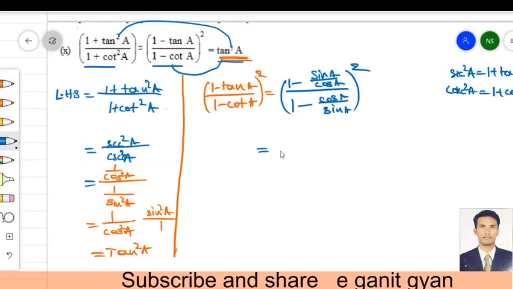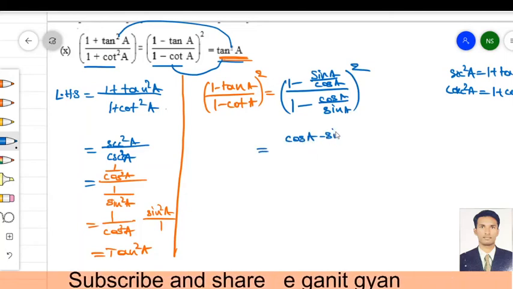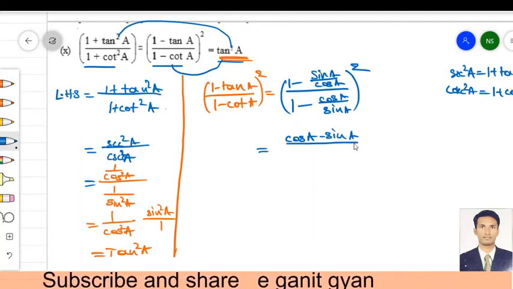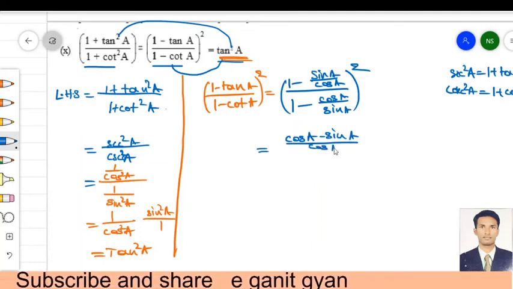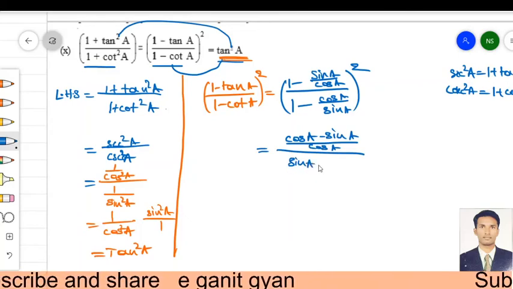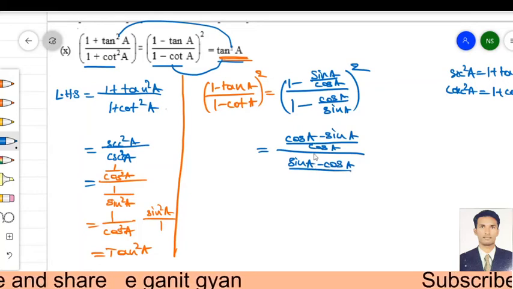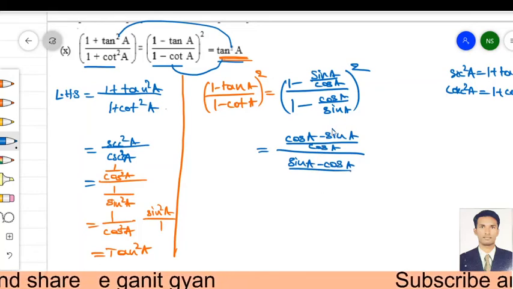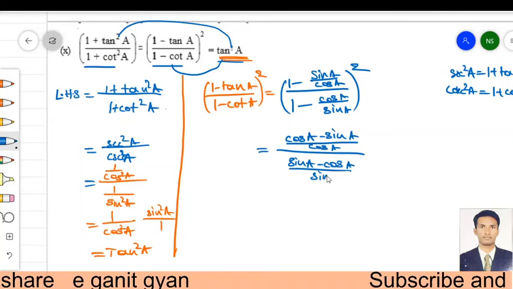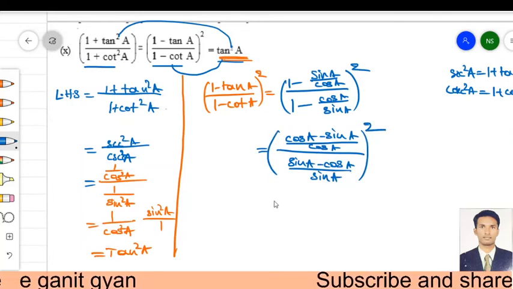By taking LCM we can get here cos a minus sin a divided by cos a whole divided by sin a minus cos a divided by, here we will get sin a. All this will come inside the bracket.